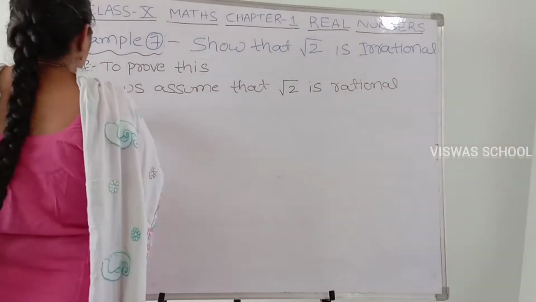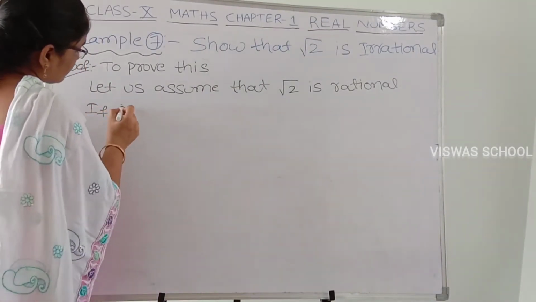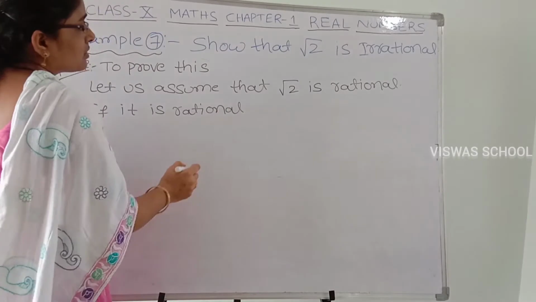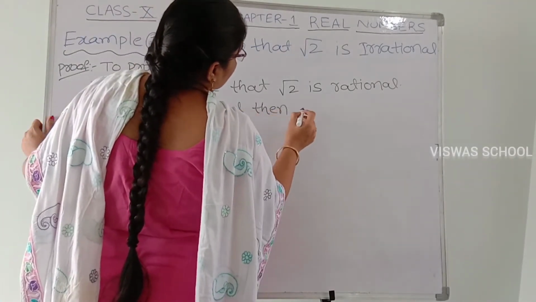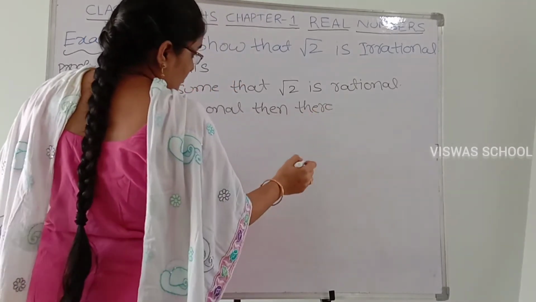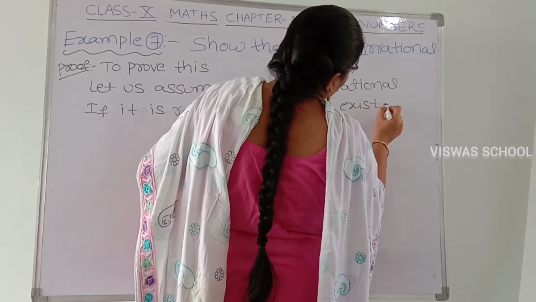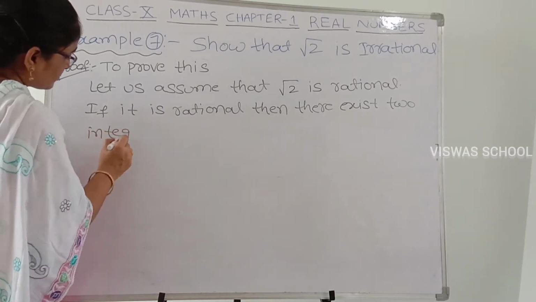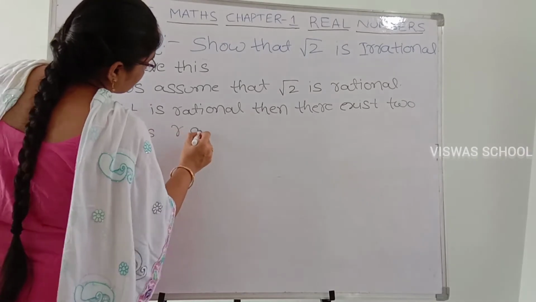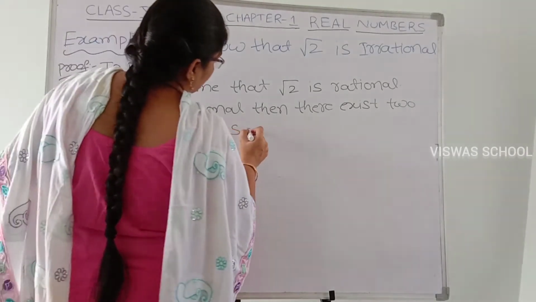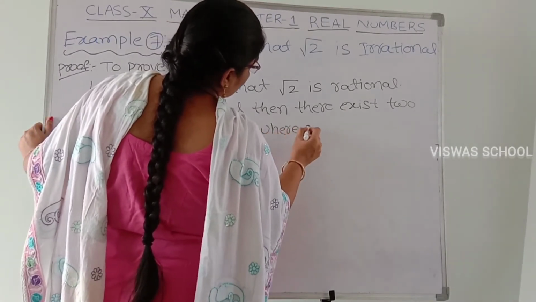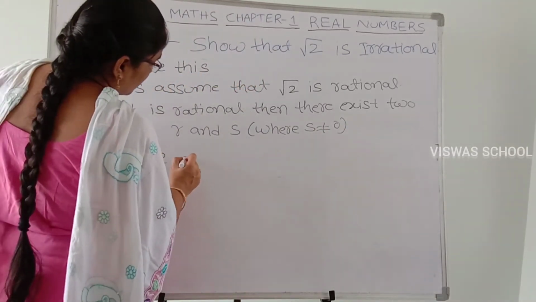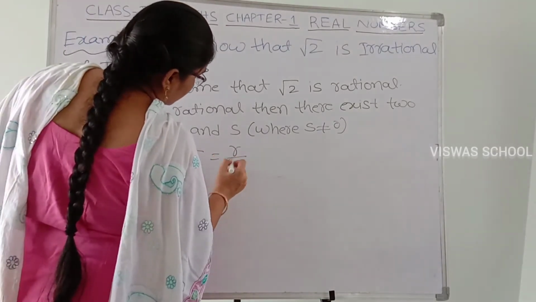If it is rational, then there exist two integers R and S, where S is not equal to 0. That is, root 2 is equal to R by S.